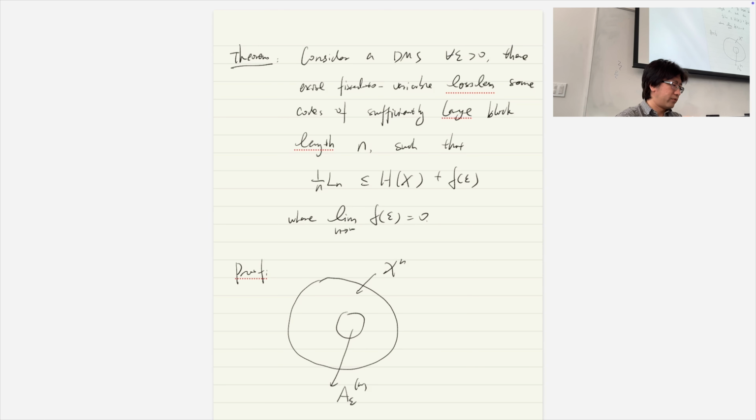Before, we only encoded the typical set, but now we need to encode whatever is outside. This was ignored before, but now we do not ignore it. But if we don't ignore that, we need to assign a code there.